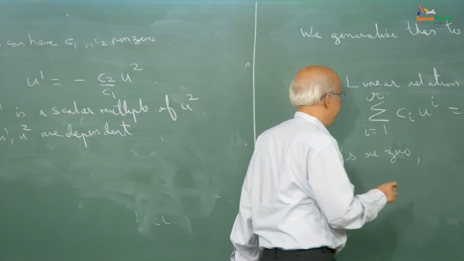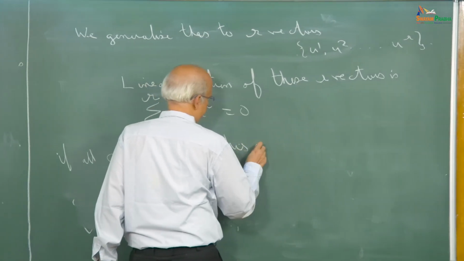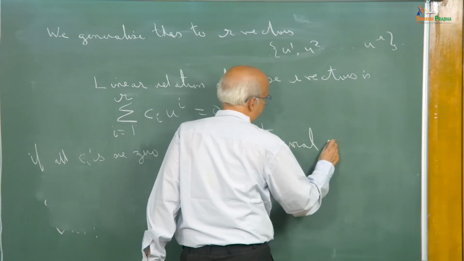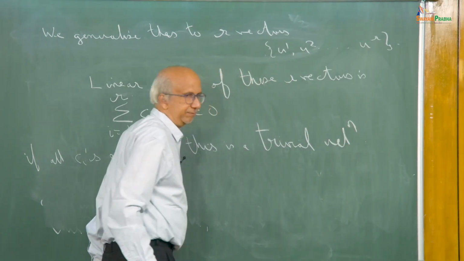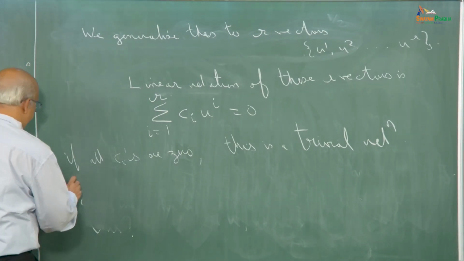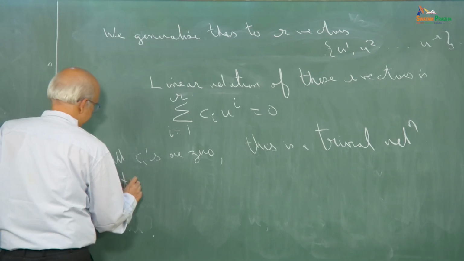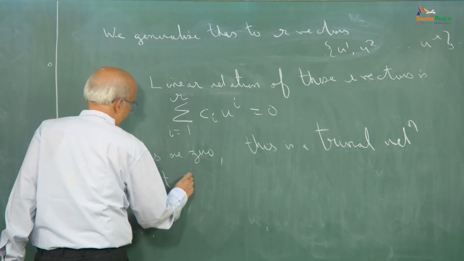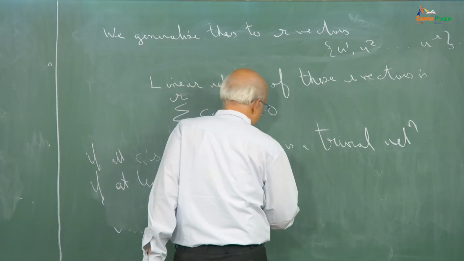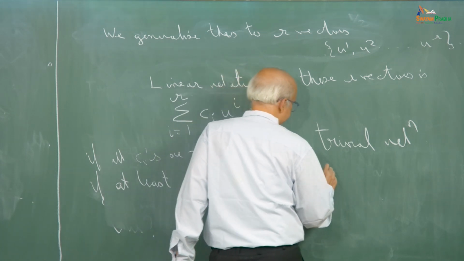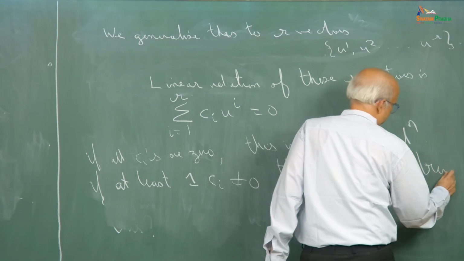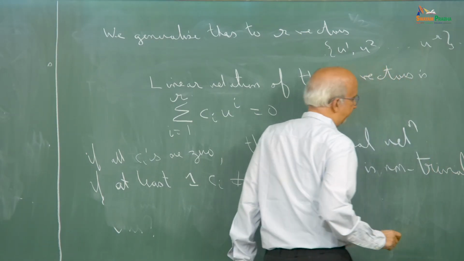So, this is a trivial relation, and if at least one ci is not equal to 0, this relationship is non-trivial.